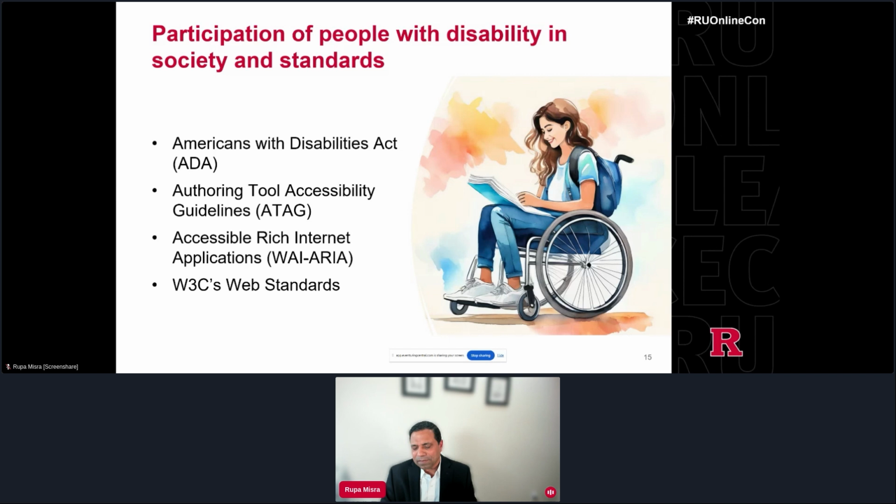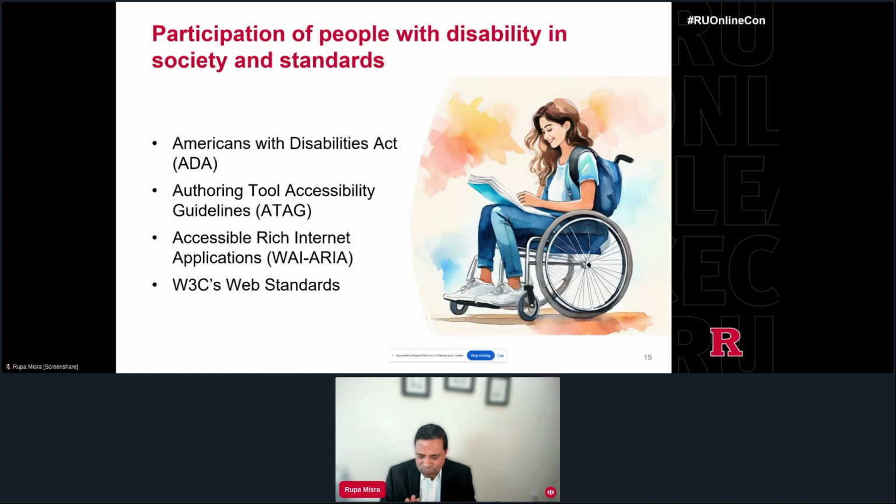Now, in terms of accessibility standards, there are a lot of standards. For example, the Americans with Disabilities Act is about the construction or alteration of public facilities, commercial facilities, or state public facilities. That is for buildings. But then we also have the W3C, the World Wide Web Consortium, with recommendations for web content.